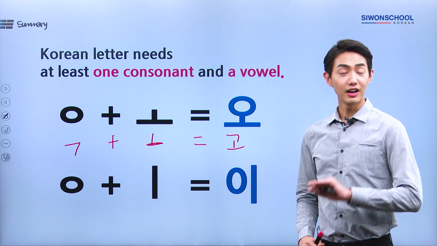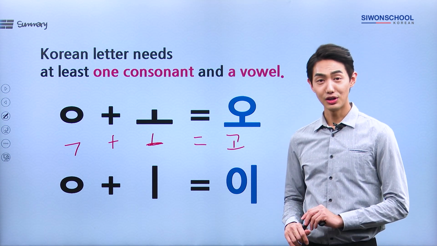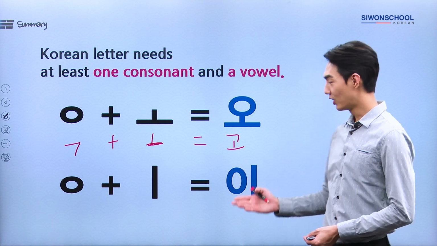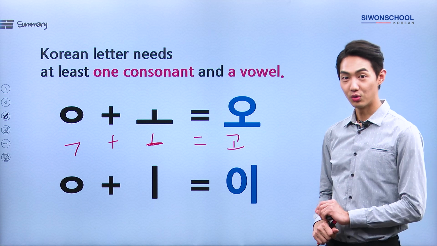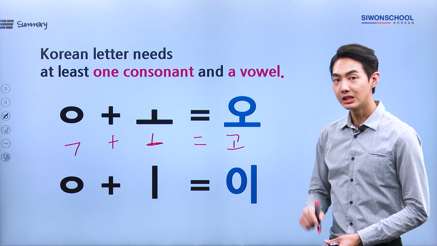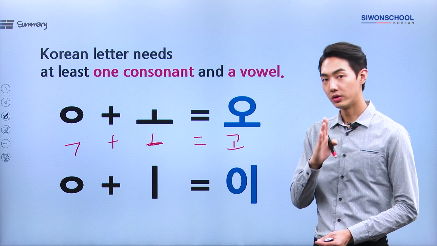If you like internet games, a lot of Koreans say this. Let's go, like go, right? Go means go, just like in English. Okay? So do you see this sound? G and an O, go, right?